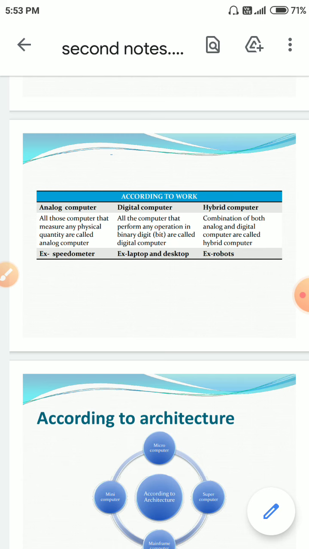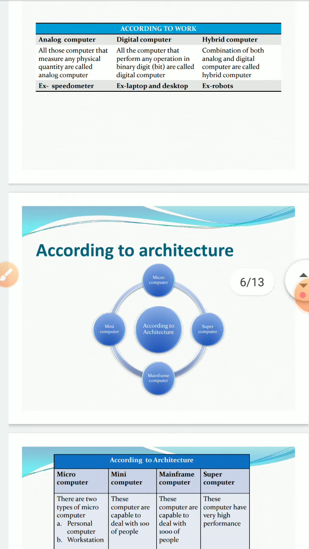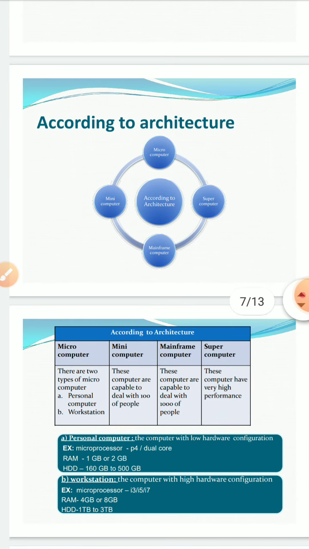Example: robots. We can categorize computer according to architecture. There are basically four types of a computer according to architecture. First one is microcomputer, second one is mini computer, third one is mainframe computer, and the fourth one is supercomputer.